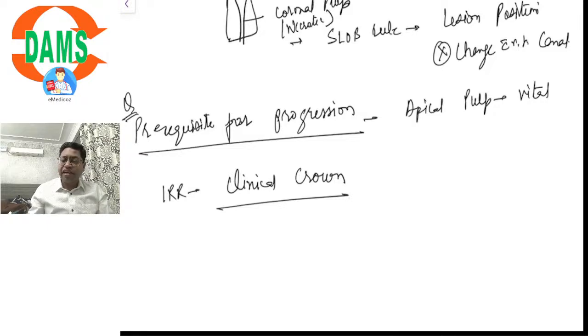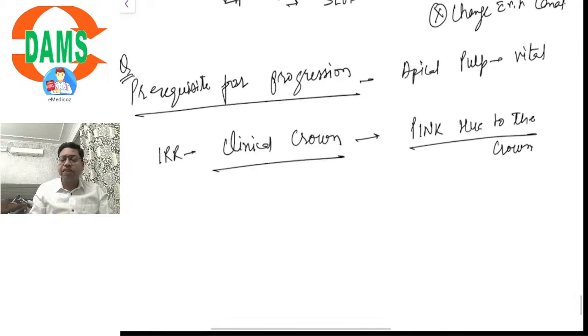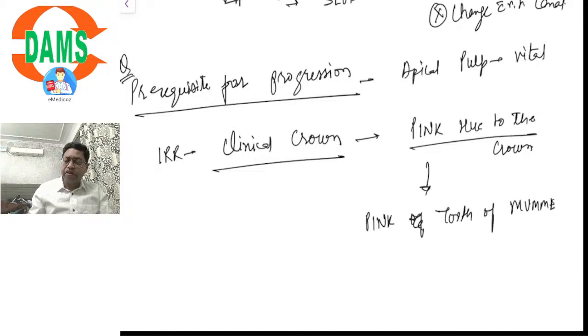If it occurs in the clinical crown, it gives a pink hue to the crown. The crown of such a tooth becomes pink in color, and this pink hue is called pink tooth of Mummery, sorry, pink tooth of Mummery or odontoclastoma.